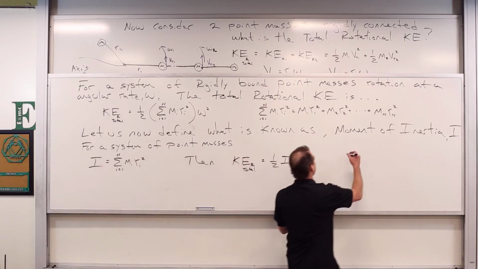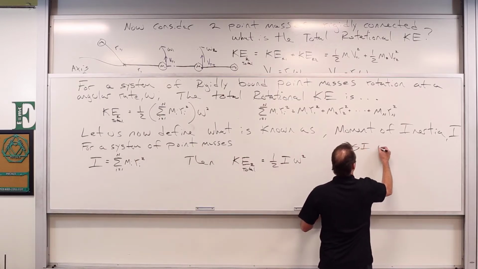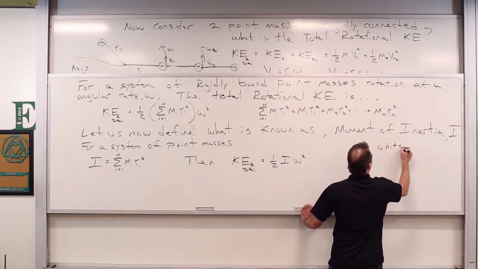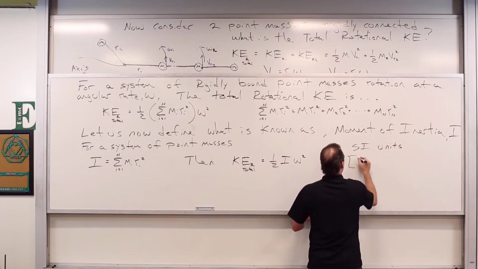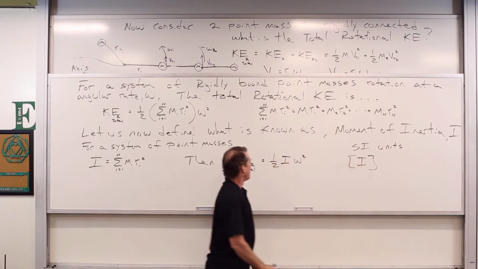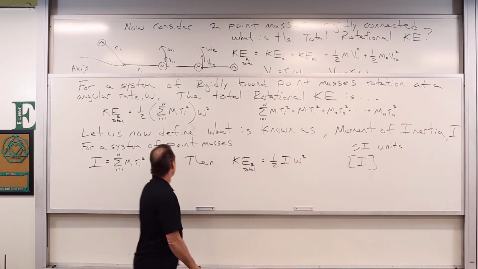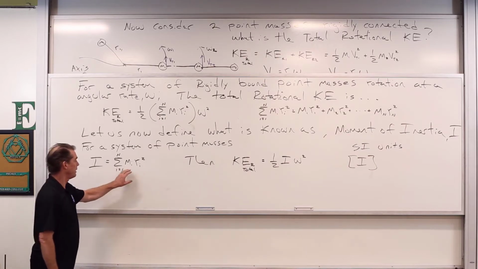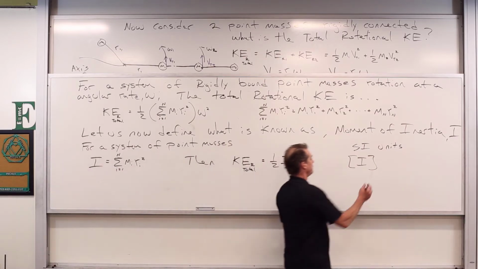Units. SI units of a moment of inertia, what do they have to be? Well, we go back and look. It has to be mass times radius squared. So we got kilogram meter squared.